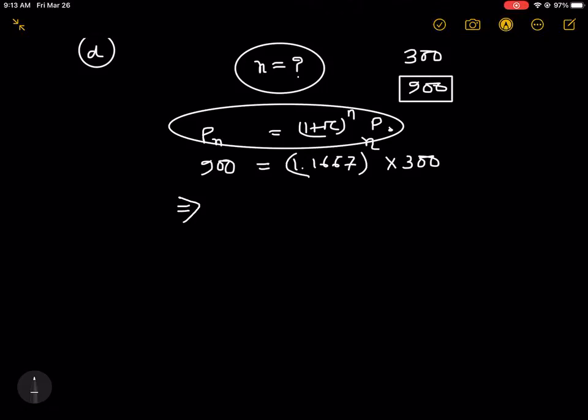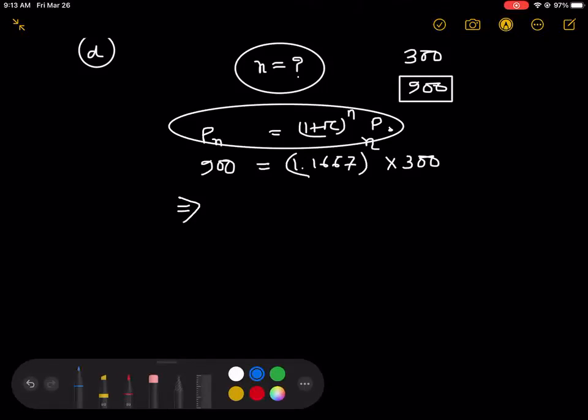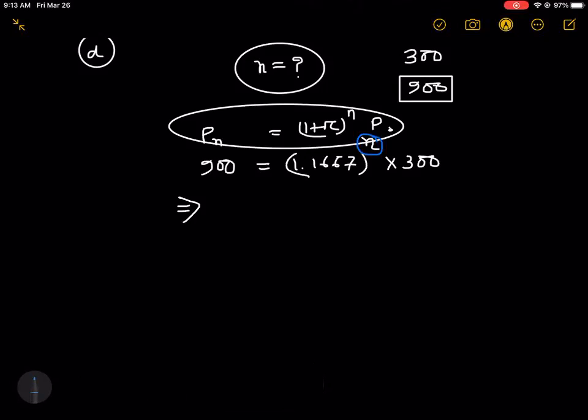Again, we have solved problems like this many times before. What should you do? We're looking for n, by the way, if you remember. What's the first thing that comes into your mind when you see an equation like this?